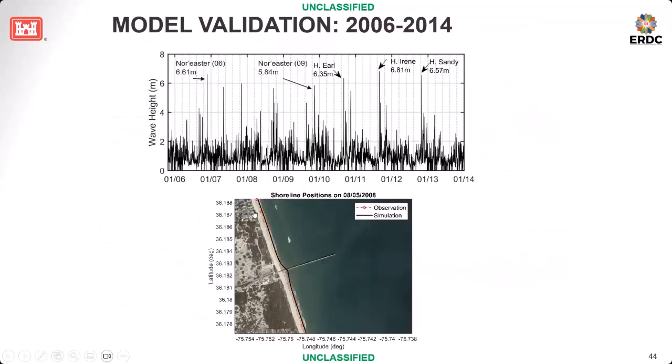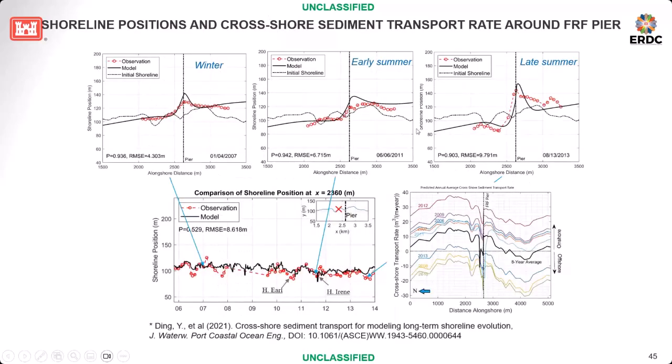And we extended this calibration to 2014. We can say GenCade with cross-shore captures seasonal change and annual cycles, which is pretty good because the Duck coast doesn't have the kind of monotonic shoreline change, such as the erosion hotspots that happen on the Atlantic coast. At the FRF, shoreline change is balanced by seasonal and annual signals.